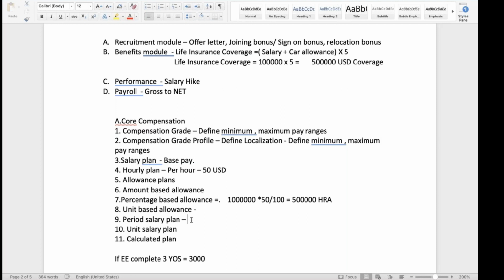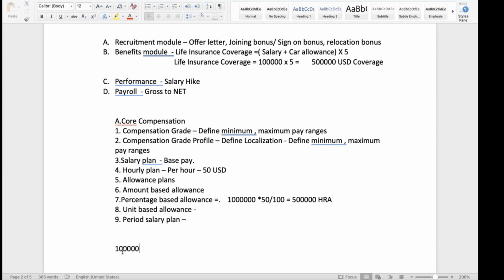Let me explain what exactly I'm saying here. Assume an employee earning 1 lakh US dollars, and we said, as part of your compensation, you will also be eligible for the 13th month salary. In one calendar year, we have only 12 months, friends, not 13 months.